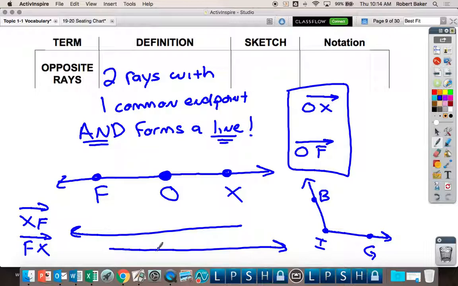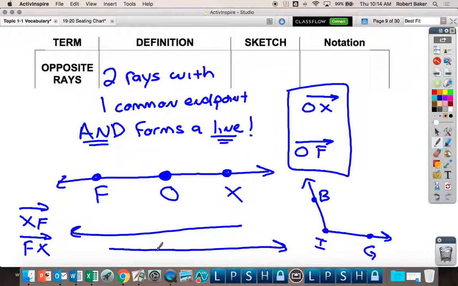Ray IG starts here and goes towards G. Ray IB starts here and goes toward B. Common endpoint, but they don't form a line. That's where it gets weird. Okay? Probably the worst one today. That will be a quiz question. Guaranteed.